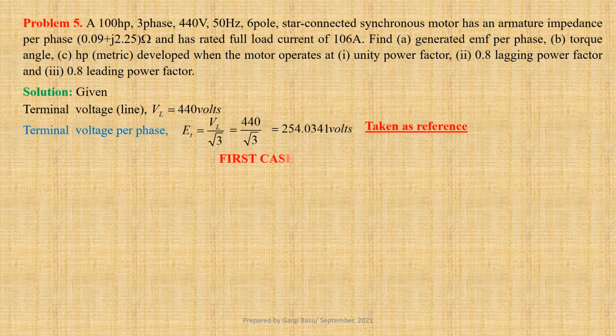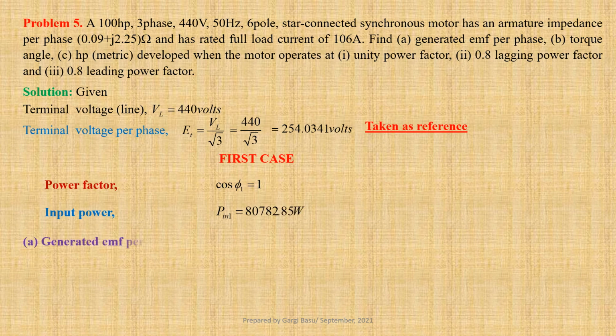Let us now summarize the results obtained under different power factor conditions. First case, when power factor cos phi 1 equals 1. We have computed input power Pin1 equals 80,782.85 watts. Generated EMF per phase E01 equals 341.5547 volts.